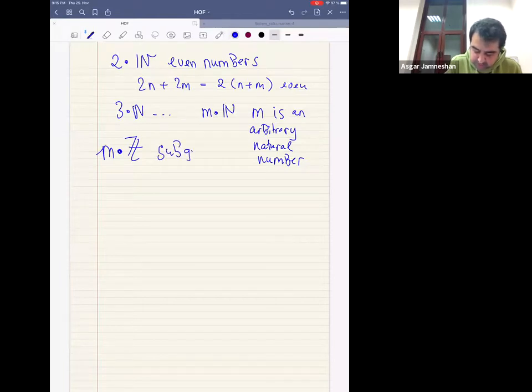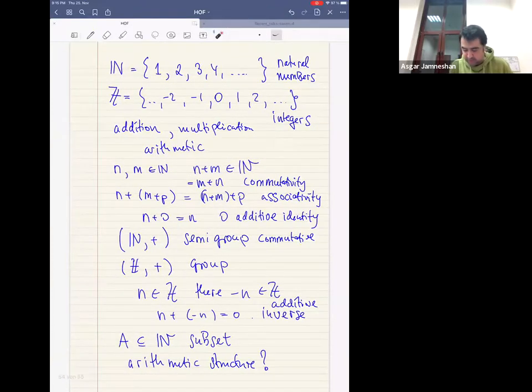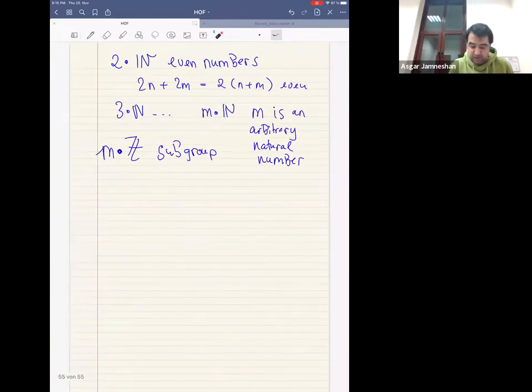That means it will satisfy all these properties of a group which we had here: commutativity, associativity, having an identity element and an additive inverse. So it has a lot of additive structure. That's just a side remark. But these are the very obvious objects. So the question is, are there other subsets or collections of numbers which also have arithmetic structure, and how can we find them?